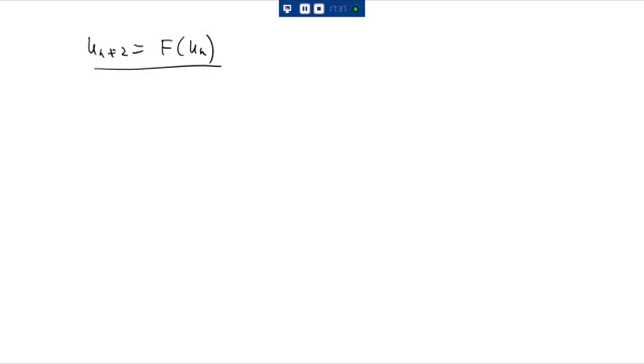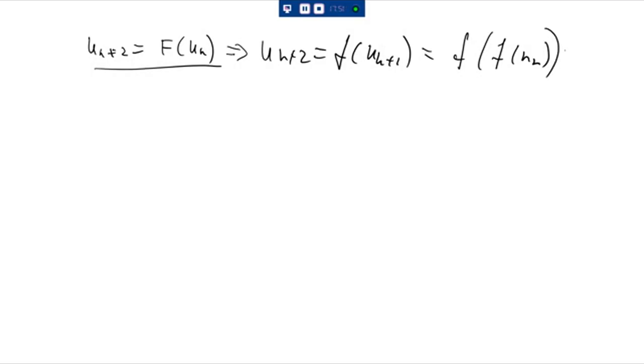It was something like this: u(n+2) is f of u(n+1), but u(n+1) is f of un. Therefore, we got the composite function f2 of un, and we found two-periodic solutions as roots of this.